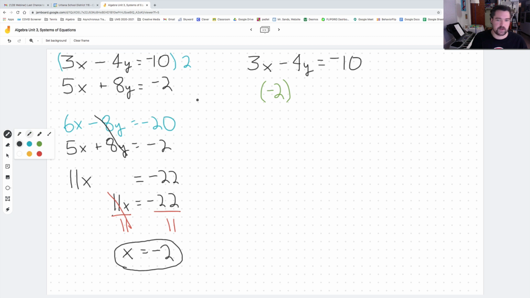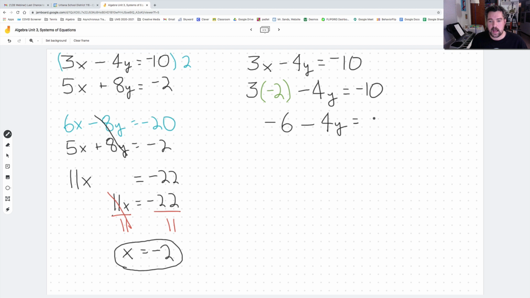So now this means we've got 3 times negative 2 minus 4y equals negative 10. Now we only have one variable. That's great. So I want to get y equal to a number. Well, 3 times negative 2, that's pretty simple. That's negative 6. And the negative 4y comes along for the ride, as does the negative 10 right here.